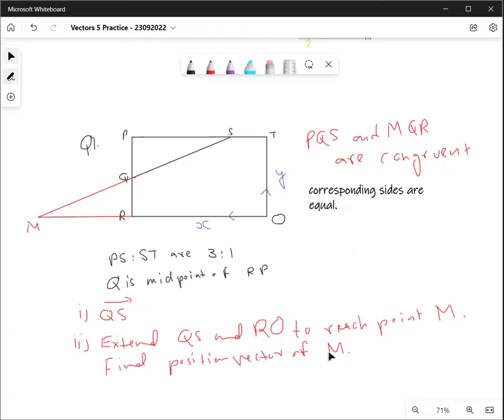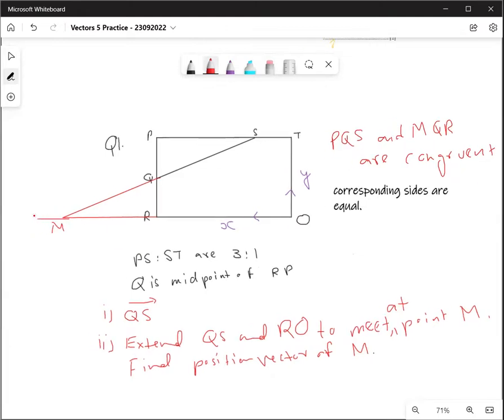Because you're asked to find the position vector of M, and you have to extend QS and RO to meet at point M. If you extend these, where they intersect is your M.